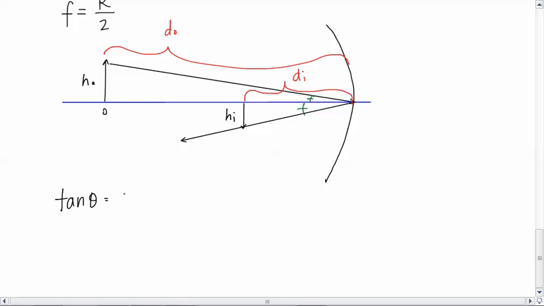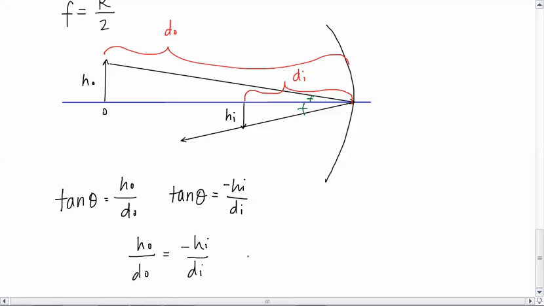So tan theta would be opposite HO over adjacent, which is DO, and tan theta for my small triangle would be opposite HI over adjacent DI, and this is negative because that image is upside down. And if the thetas are the same, then HO over DO would be equal to negative HI over DI.